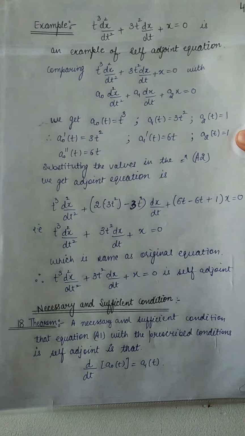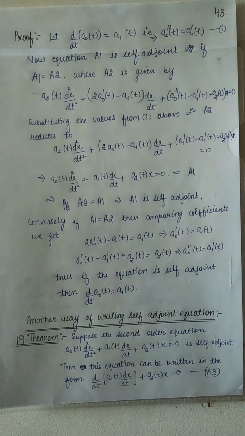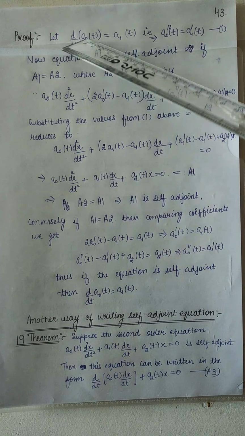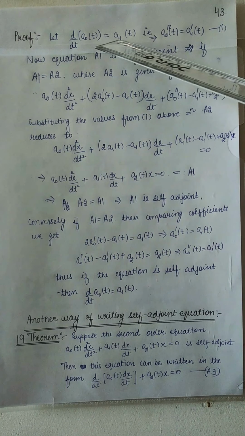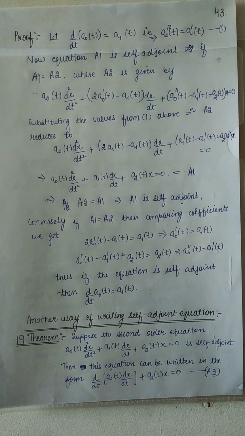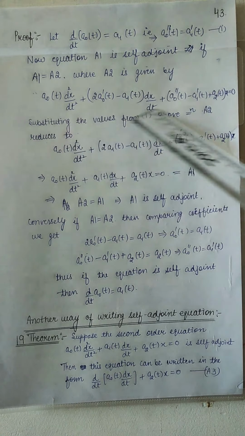So let us see the proof. Let d by dt a naught t be equal to a1 t. This implies that a naught double dash t is equal to a1 dash t. Now equation A1 is self-adjoint if A1 is equal to A2, where A2 is given by this formula.